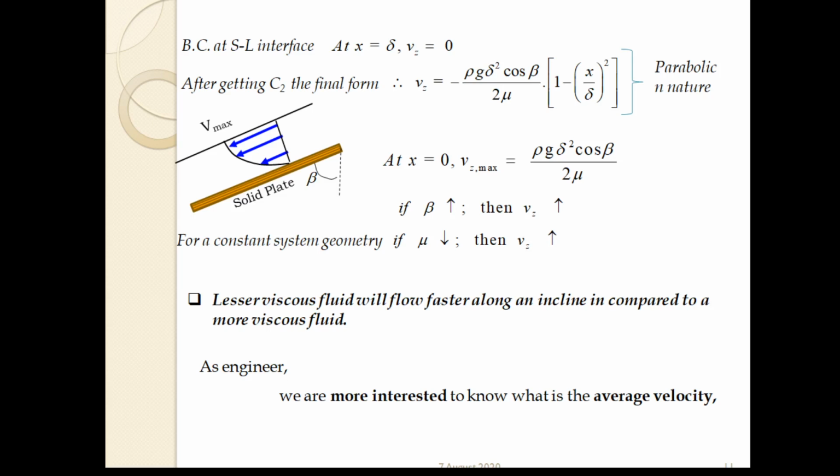Once we have the expression for the velocity, we can obtain the average velocity and then the total volumetric flow rate. These are the overall steps. One more part is the force exerted by the fluid on the solid.